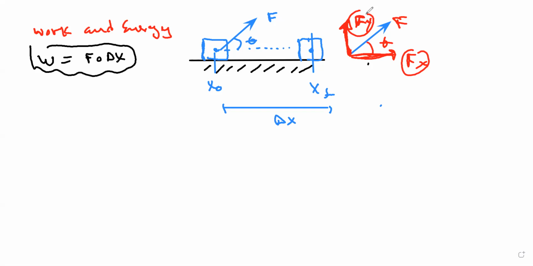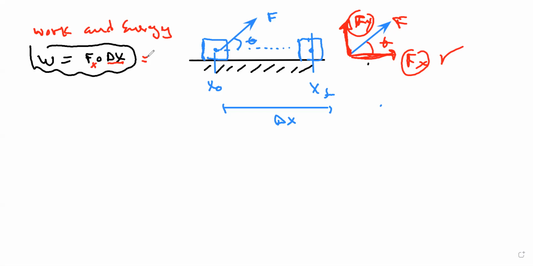Why do you want two components for your force? Well, because the one that goes in the x direction is the one that's going to push. And if you multiply that force in the x direction times the displacement in the x direction, you're going to measure the quantity of work done on the particle, on the box.